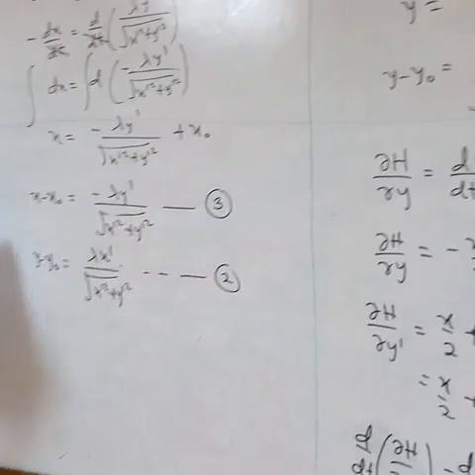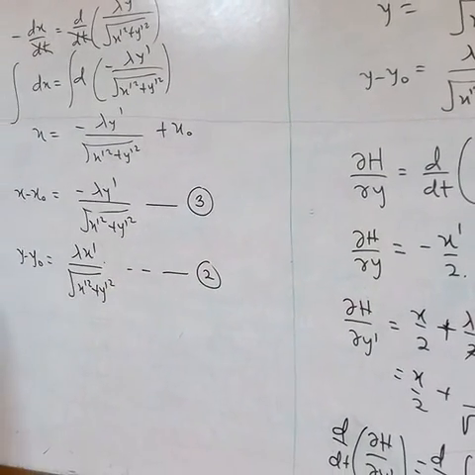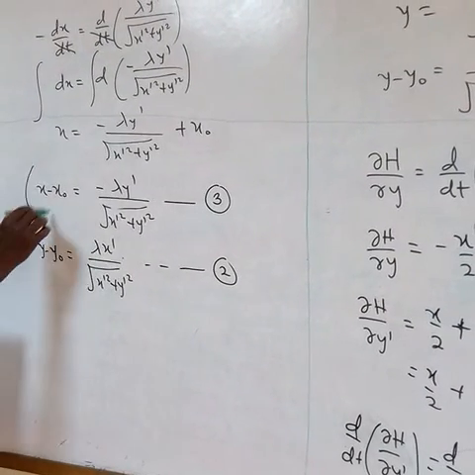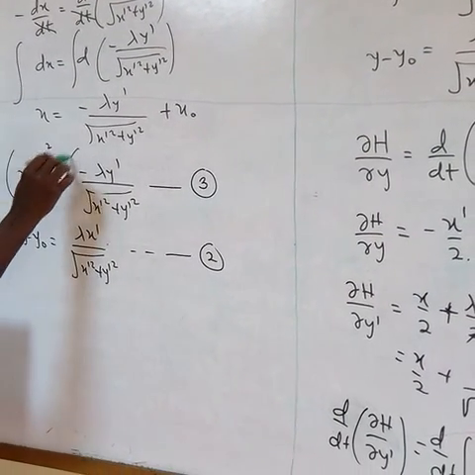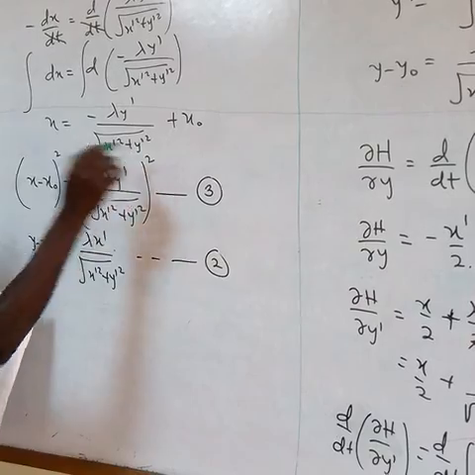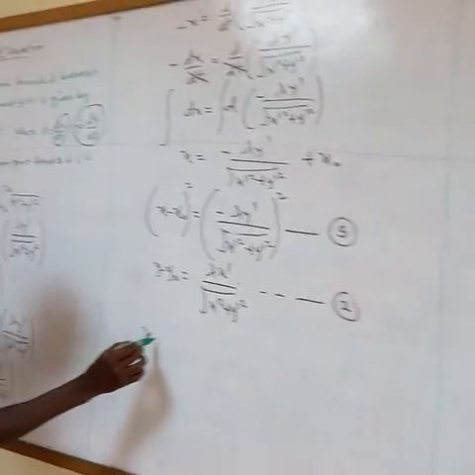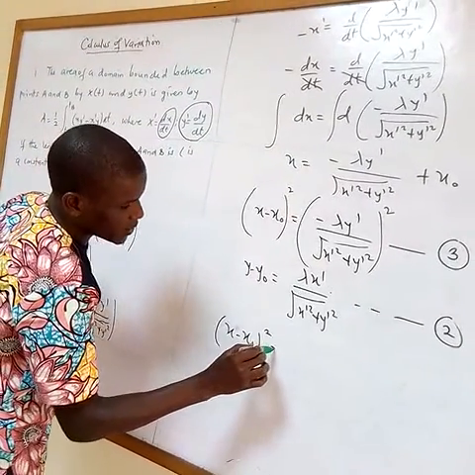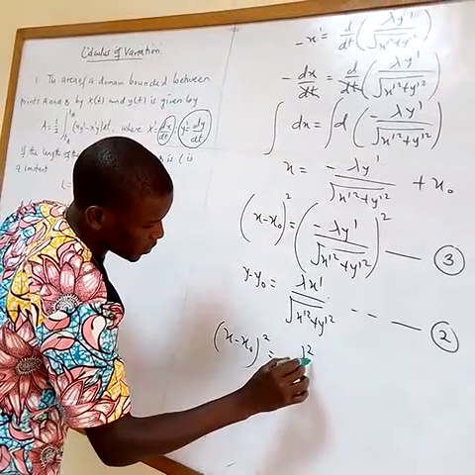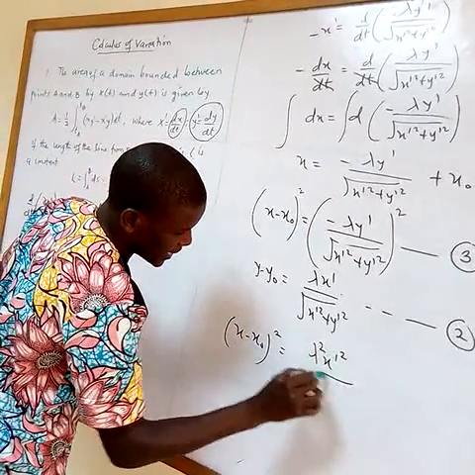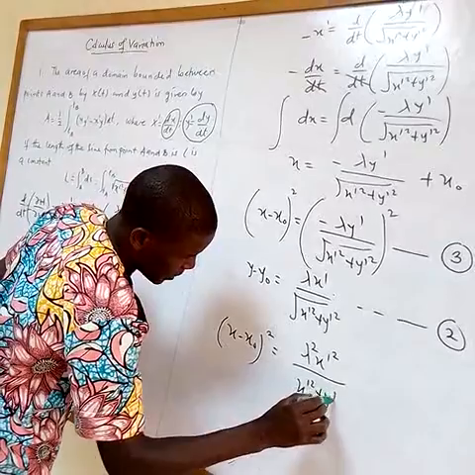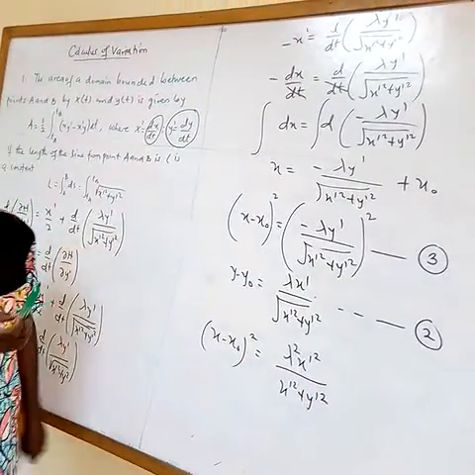Let's square both sides of equation 3 and equation 2. By the time we square this, what we are going to have is (x minus x₀)² is equal to λ² x'² over x'² plus y'². Do you agree with this?